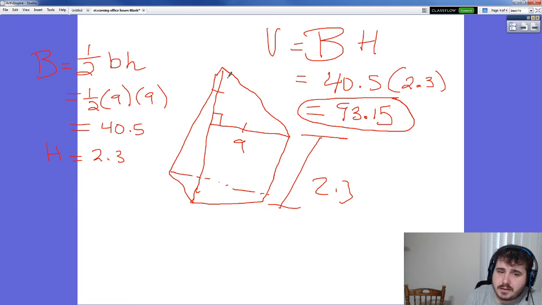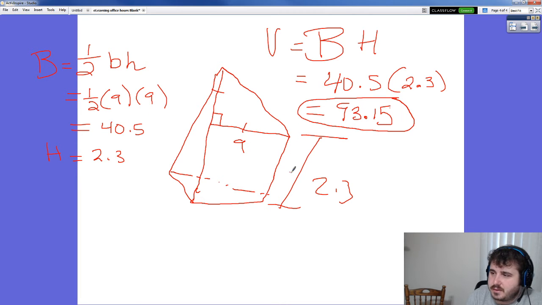Probably 9 times out of 10, the issue is, since it's the 45, 45, 90 triangle, you get confused and you're like, okay, well, what's the base, what's the height? They're both 9. The base and the height surround the right angle, and so those are the two legs, and those are both the same, so they're both 9.